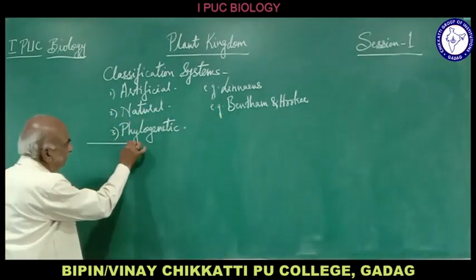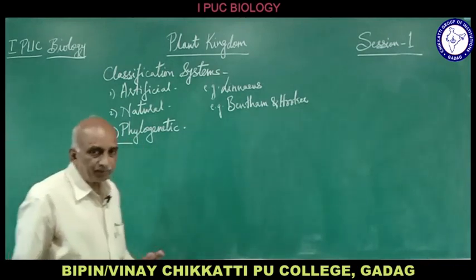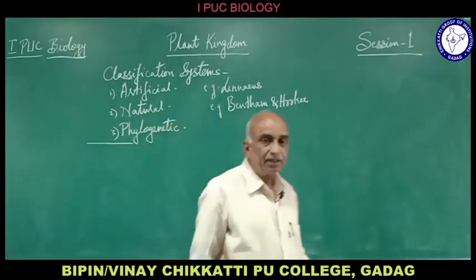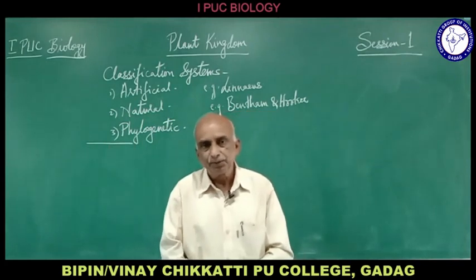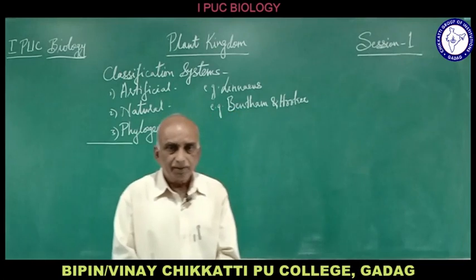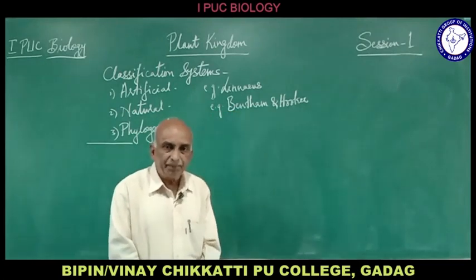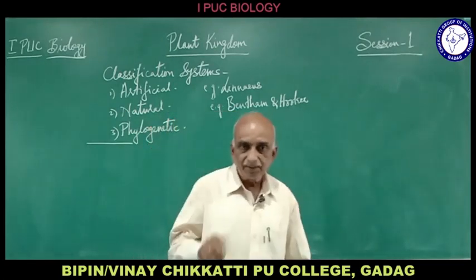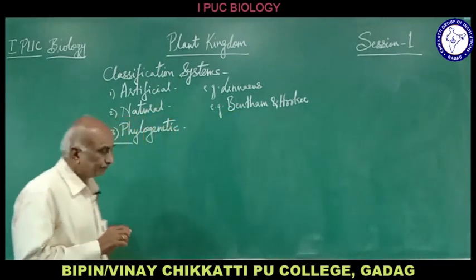Now in addition to this, there are some terms which are related to taxonomy. So taxonomy is the study of classification. Identification, naming and classifying organisms is the study of taxonomy.